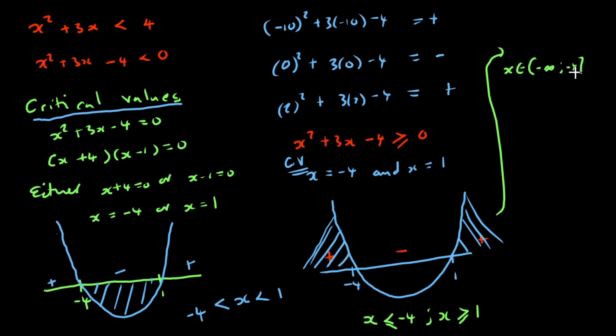Then at -4, you close brackets this way. Union, the other part, which is starting from 1 until we get to infinity. The side of infinity and -infinity always uses this round bracket, but these sides, because of the equal to, we use square brackets.